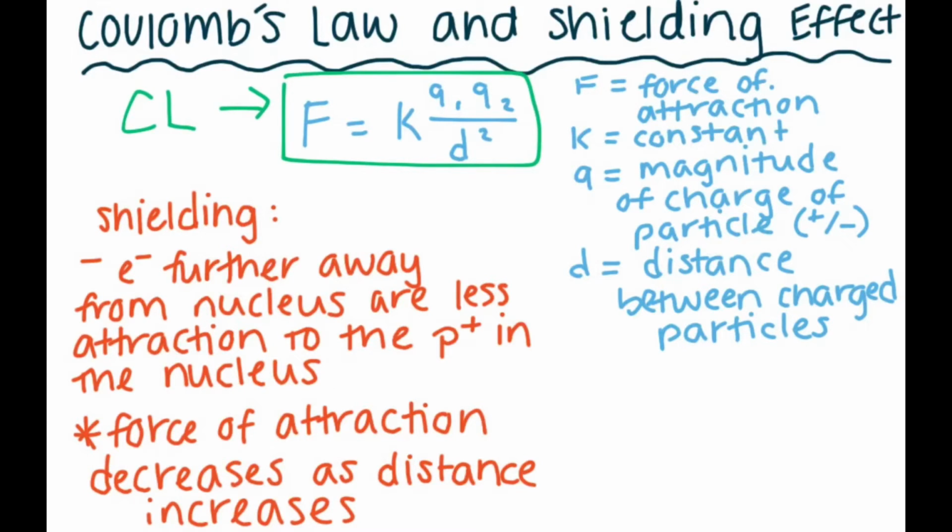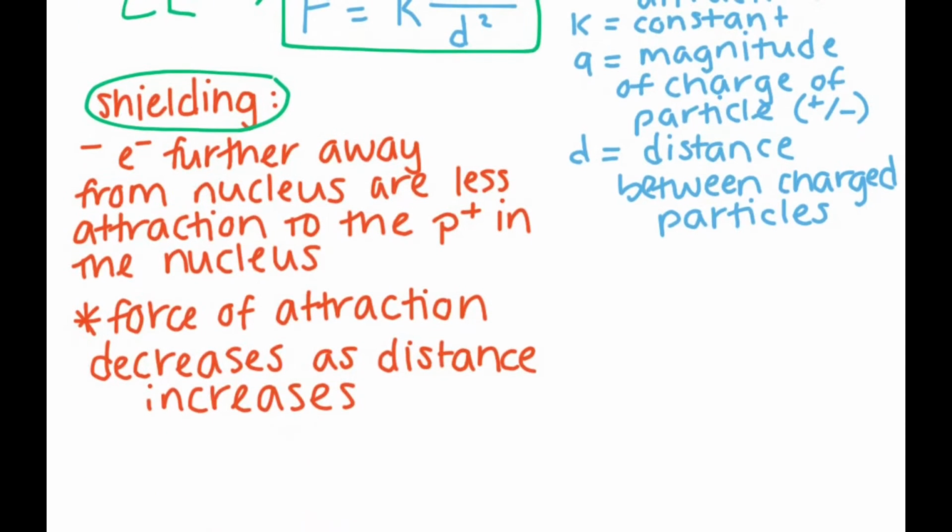And this goes hand in hand with shielding, because as we see under shielding, it says that electrons further away from the nucleus are less attracted to the protons in the nucleus.